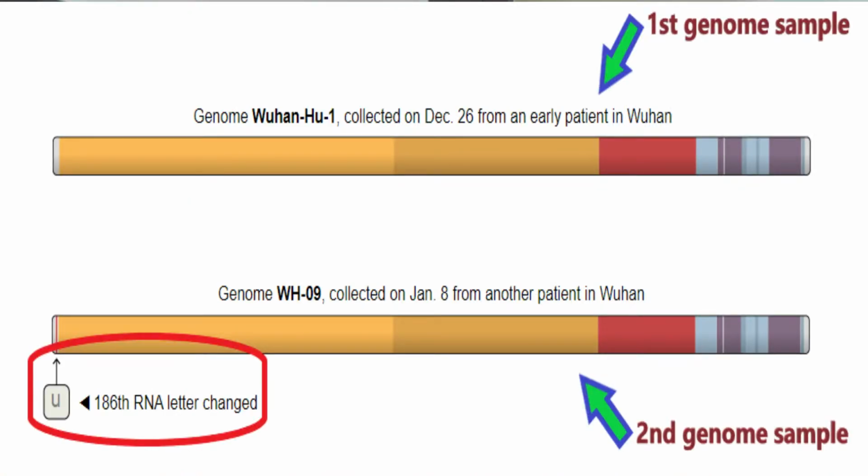The 186th letter of the RNA was U instead of C. When researchers compared several genomes from the Wuhan cluster of cases, they found only a few new mutations, suggesting that the different genomes descended from a recent common ancestor. Viruses accumulate new mutations at a roughly regular rate, so the scientists were able to estimate that the origin of the outbreak was in China sometime around November 2019.